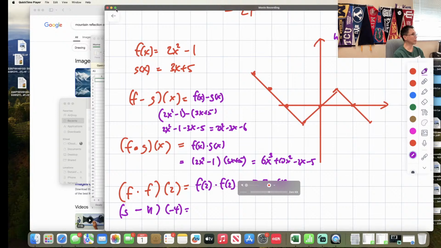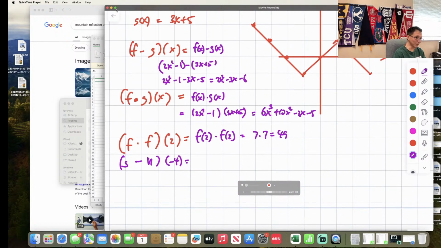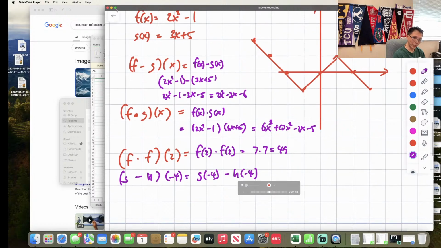Now the last one. You're like, hey, I've never seen this one before. How come the function is going to be a graph? It doesn't really matter because it's asking for evaluation. So this means g of -4 minus h of -4. Now, guys, what is h of -4? That means when the x value is -4, here it's going to be 2.